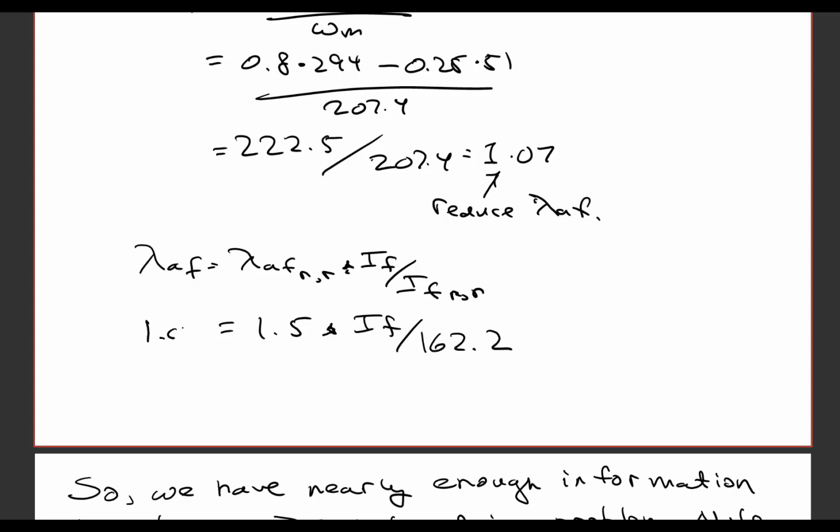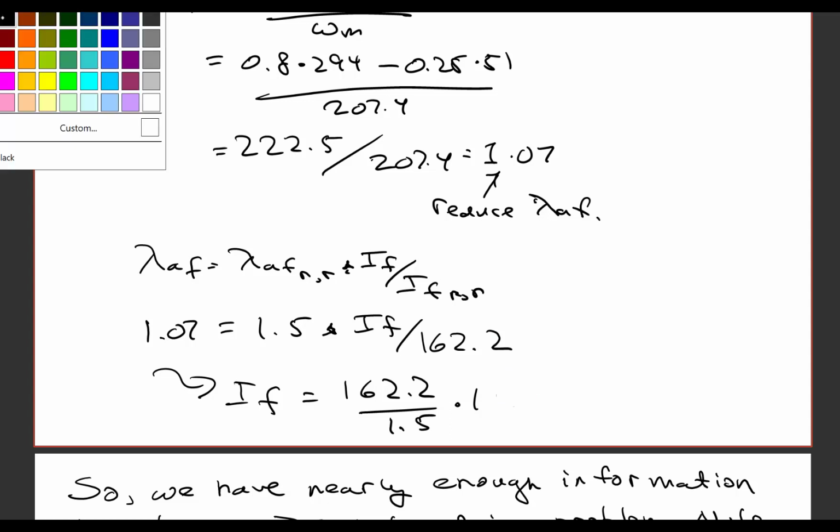And we need to get to 1.07. So I sub F is going to be equal to 162.2 divided by 1.5 times 1.07. There's so many ways you could do this that are maybe more efficient than what we just did.